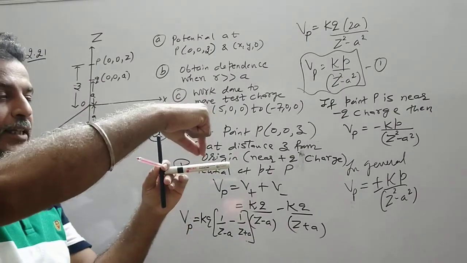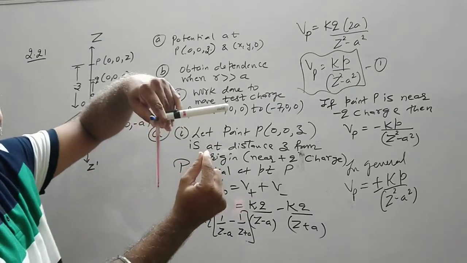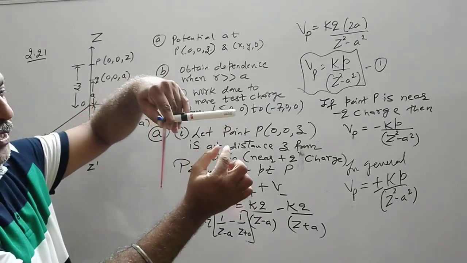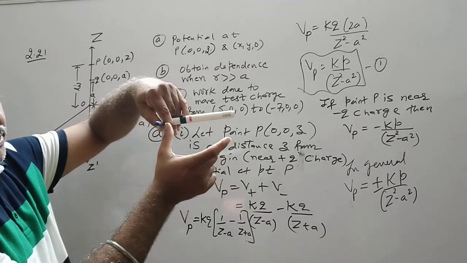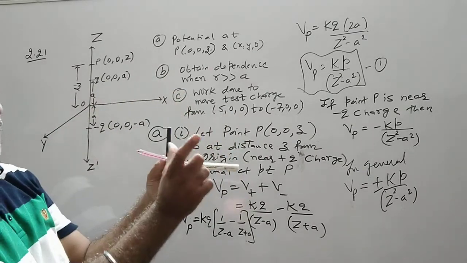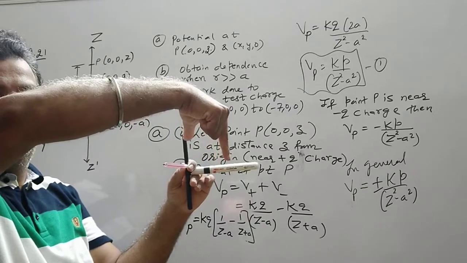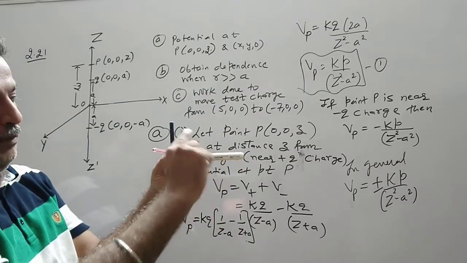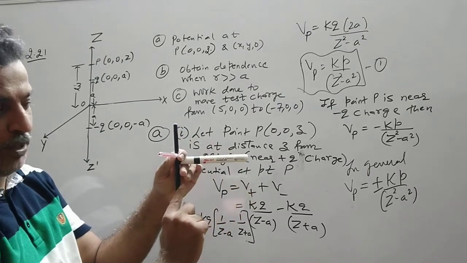Now if I consider point P here, the distance from plus Q charge and the distance from minus Q charge will be the same. See, a triangle will be formed like this.